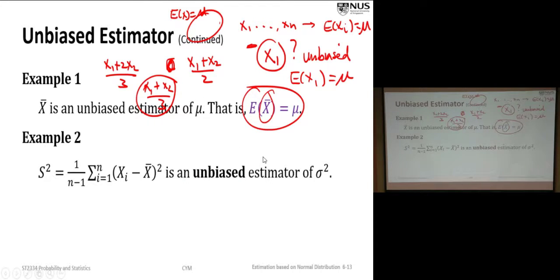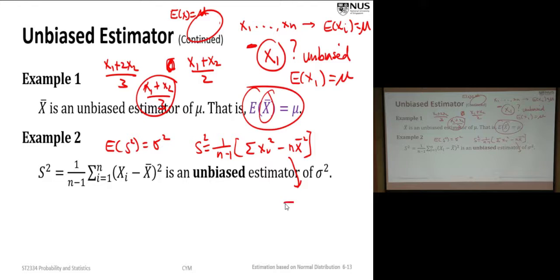All right? We can also show that the expectation of the sample variance is equal to sigma squared. I won't go into details, but you may use this formula to prove it is unbiased. This may be easier to work with. This is the computational formula for S squared.